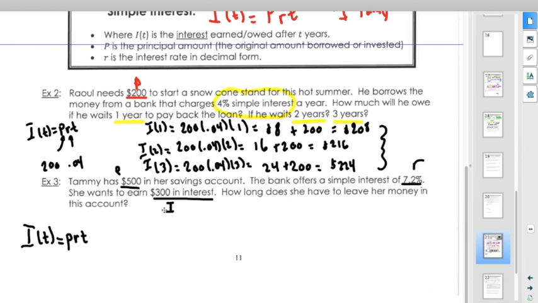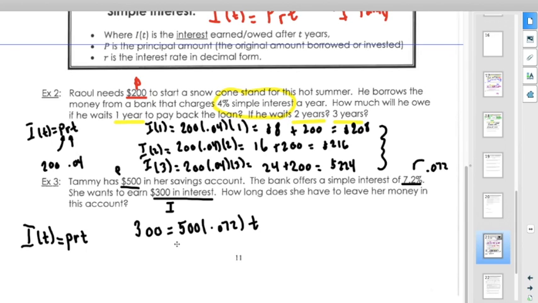This time it's giving us I is 300, and it wants us to find how many years. It wants us to find T. P is 500. R is 7.2%, which as a decimal is 0.072. And then we gotta find T.